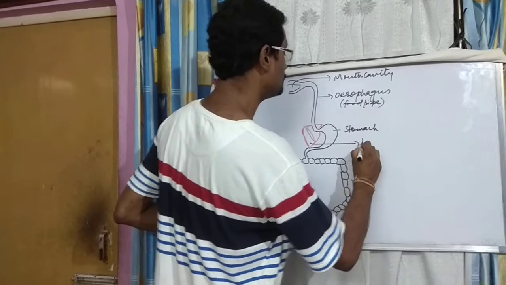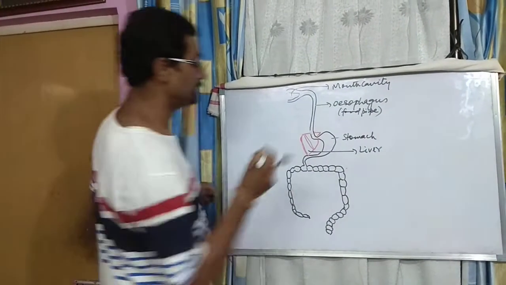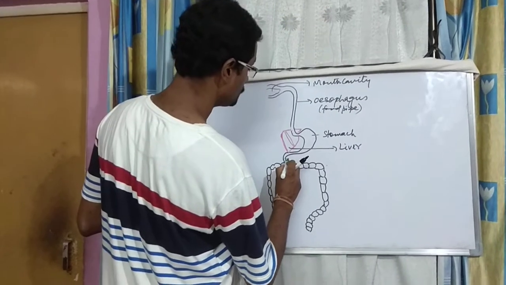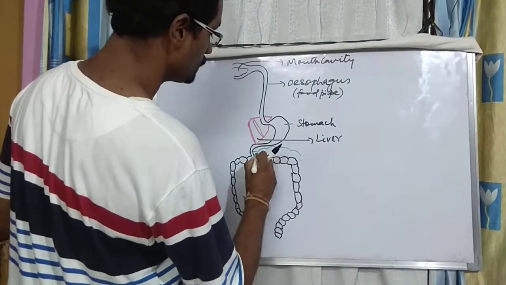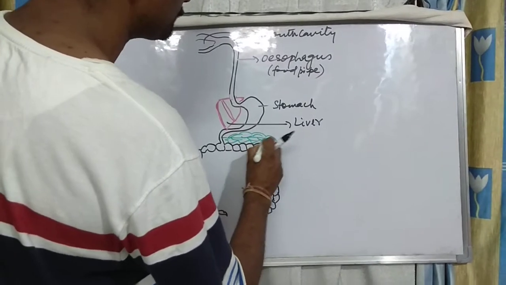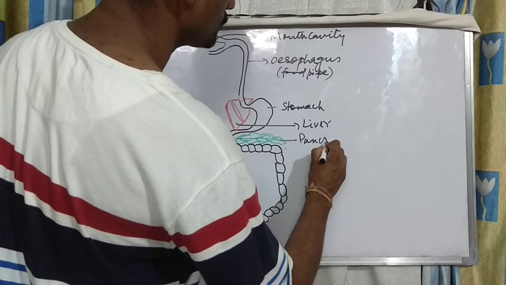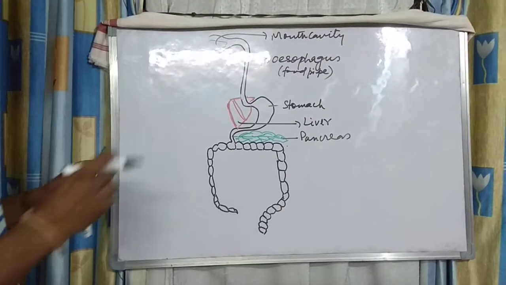This one is the liver. Below the liver, this one is the pancreas.